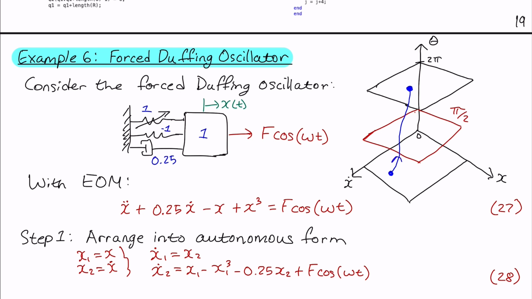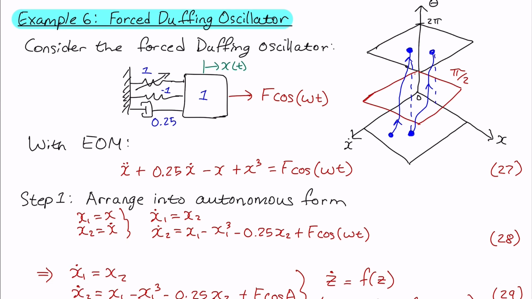The flow is going up, goes down here, comes back up to a point here, and then it will come back down, come up and hit up here, going back up. And we can now see that the flow has intersected the plane pi over 2.